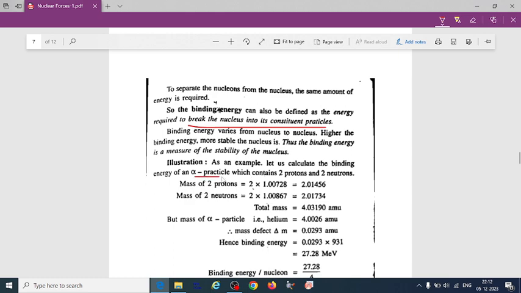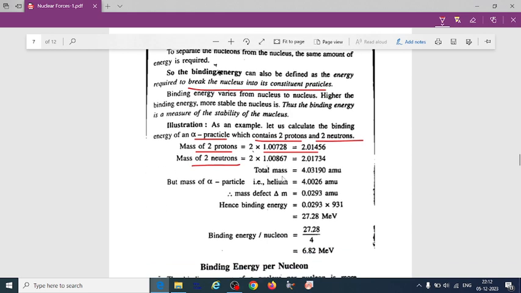As an example, let us take the alpha particle, which consists of 2 protons and 2 neutrons. Write down the mass of 2 protons and the mass of 2 neutrons, then add these two for the total mass. The alpha particle is the nucleus of helium, with mass 4.0026. You can see there is a difference between the actual mass and the sum of the nucleons.